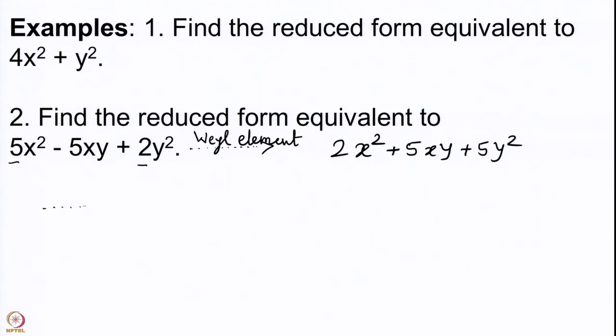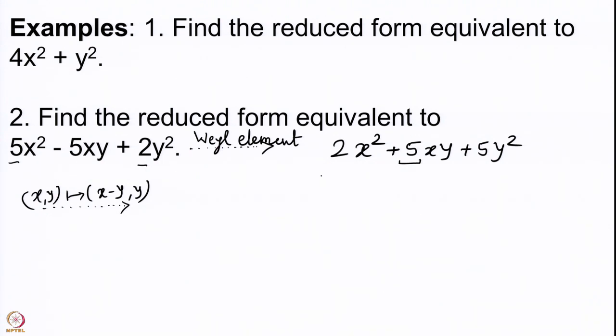Now, I apply the transvection which sends x comma y to x minus y comma y, because the coefficient of xy, 5, is big, and I want to bring it to the interval minus 2 to 2. So, the new coefficient of xy is allowed to have values minus 1, 0, 1 and 2.